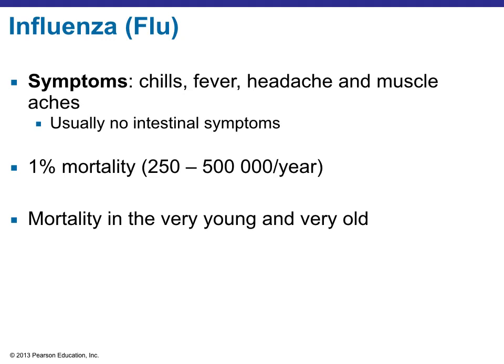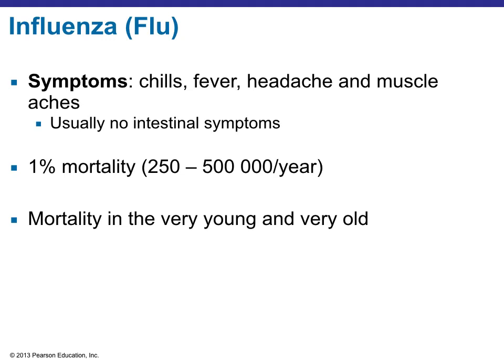Flu virus or influenza virus, which is discussed on page 721 of the textbook, is an example of a viral disease of the lower respiratory system. Symptoms of flu include chills, and in this case fever, not so for the common cold, but fever, headache, and muscle aches.